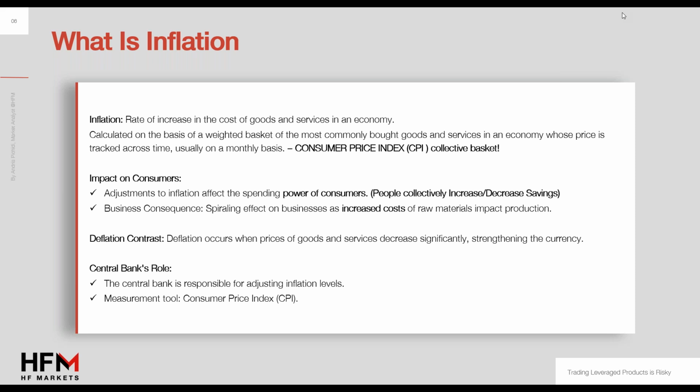So when inflation is high, what does that mean? It means that goods and services became more expensive. When inflation is high, this has a negative impact on the country's currency. So the value of the country's currency weakens.